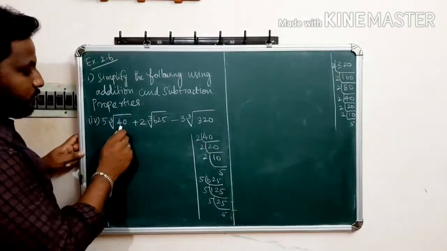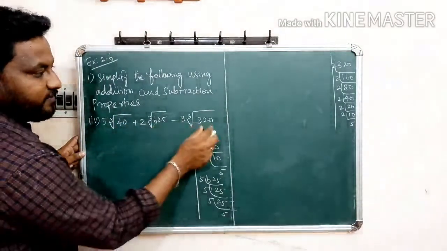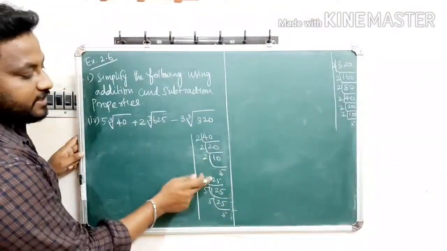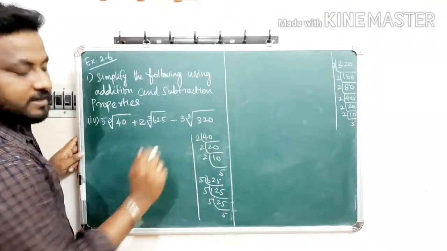Okay. So now we have to write the cubic root value. We split into the numbers found in the L division.